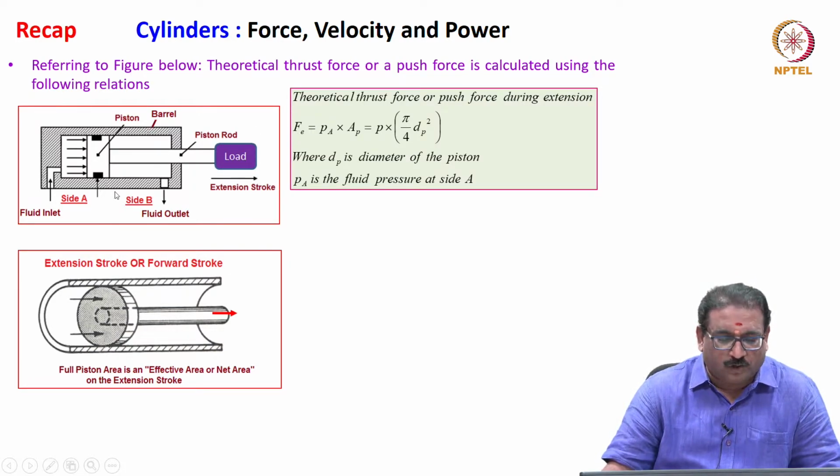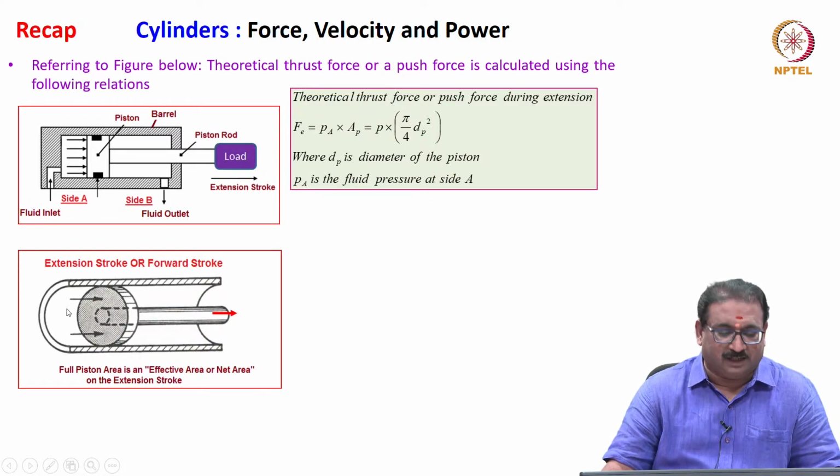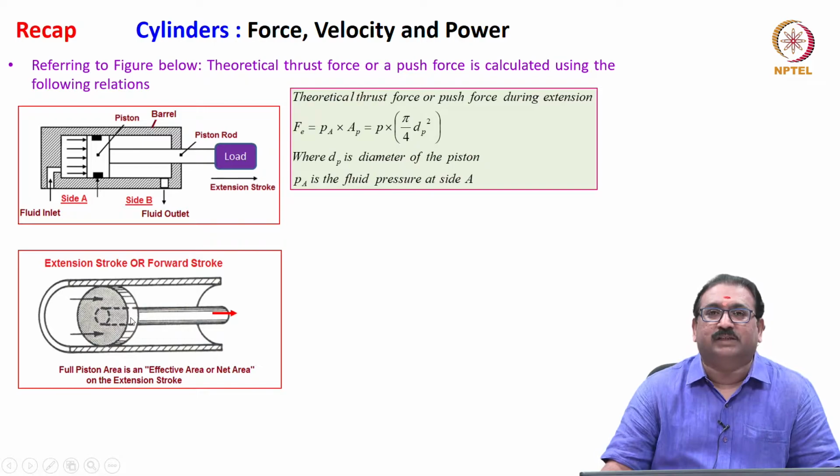To push this load, the pump port is open to side A, and whatever the fluid is at side B, it will go to the tank. Here the effective area is the piston area, please understand this, piston area. Therefore, the thrust force or the push force is calculated using pressure acting over this, Pa into Ap. Already we have seen Ap is pi by 4 dP square, piston area.